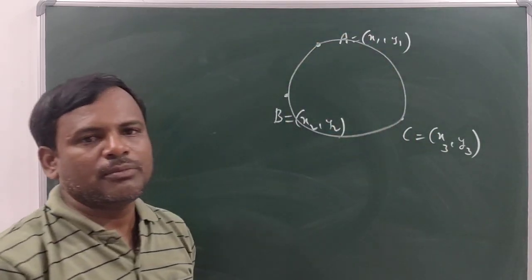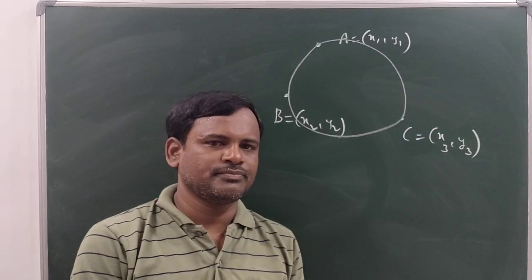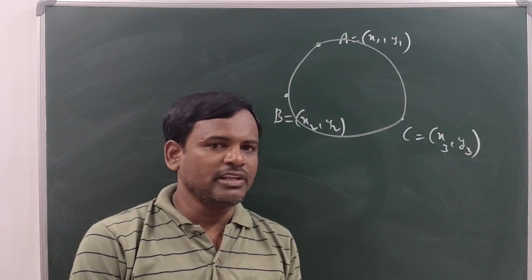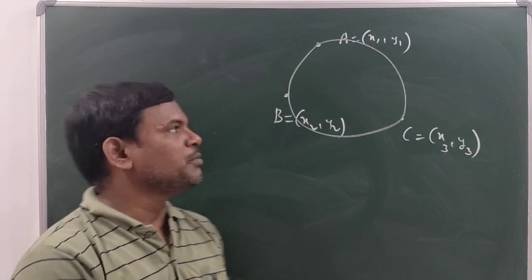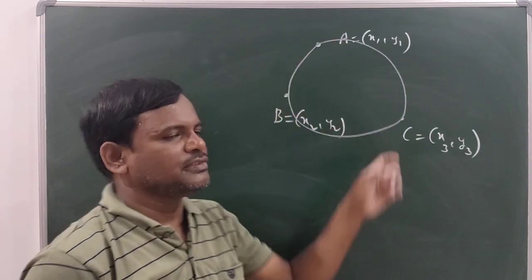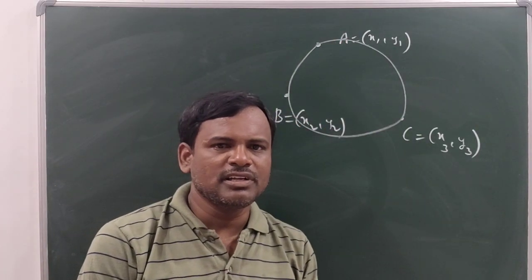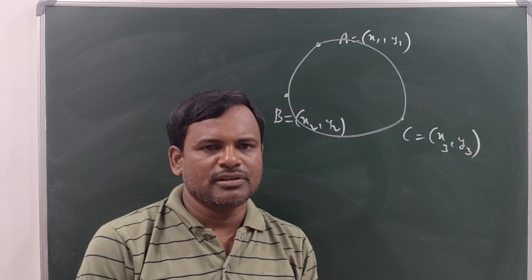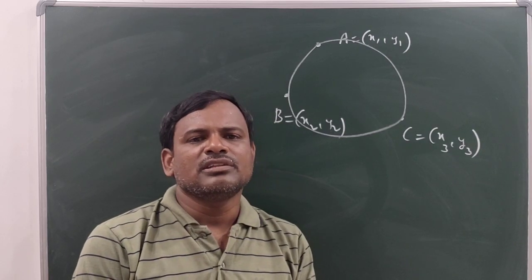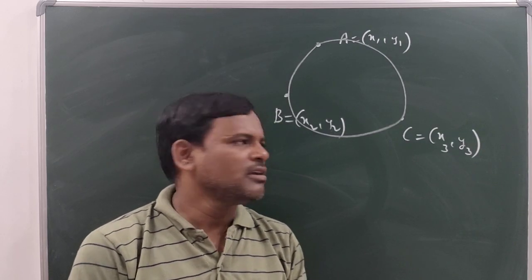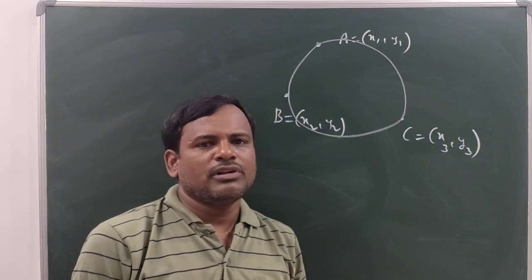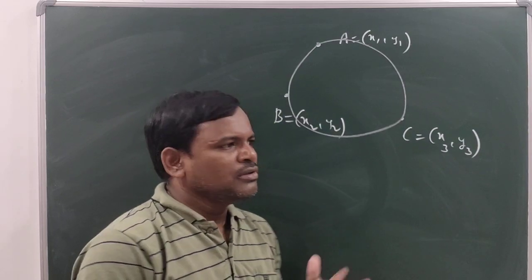Now determine that circle's equation. How do we find the equation of the circle passing through these 3 points? Observe that the 3 points are not collinear. There are 3 or 4 methods, but I will explain 1 or 2 methods.